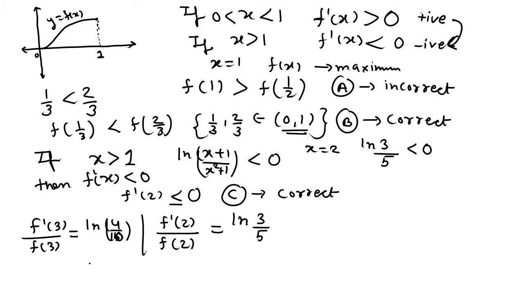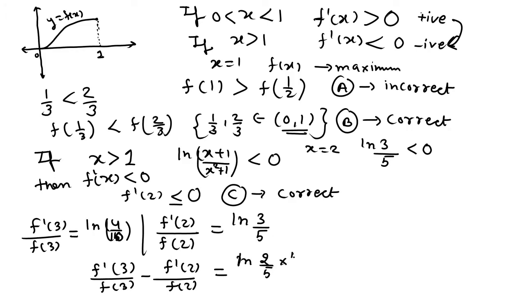If we subtract them, f'(3)/f(3) minus f'(2)/f(2) will be equal to ln(2/5) minus ln(3/5), which is ln(2/3), which is less than 0.